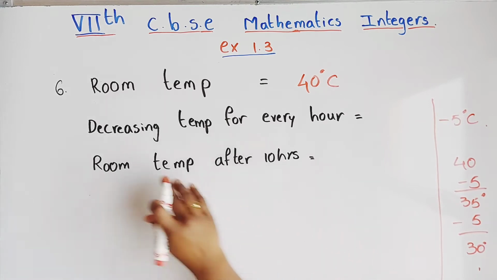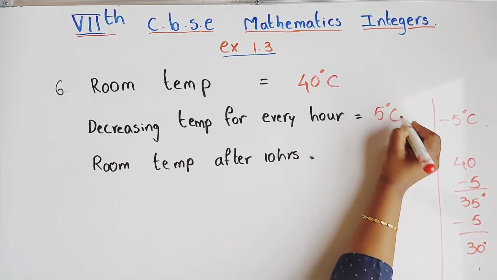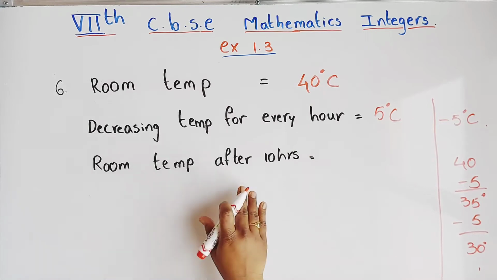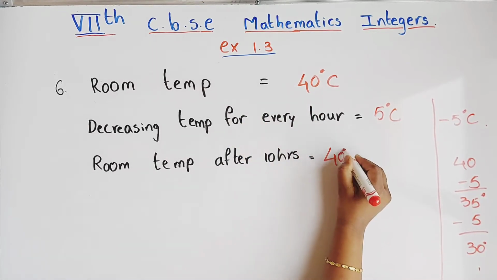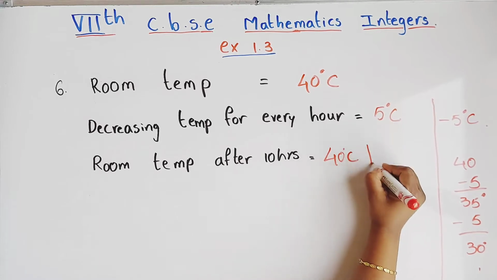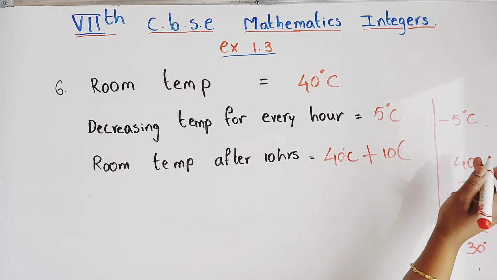We'll see here. So decreasing temperature for every hour it is 5 degrees centigrade. Room temperature after 10 hours. Before, how much is it? 40, plus after 10 hours, that means 10 into minus 5. Why minus 5?